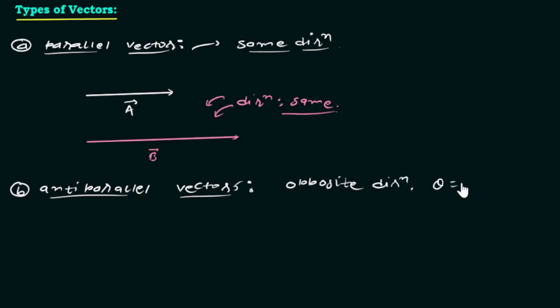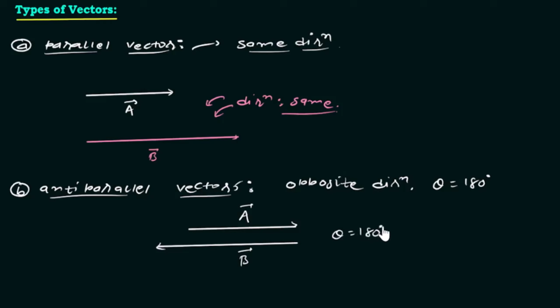Basically, the theta between them is 180 degrees. If one vector points in this direction, then another vector should point in this particular direction. This is A, this is B. So here theta is 180 degrees. Such vectors are known as anti-parallel vectors.